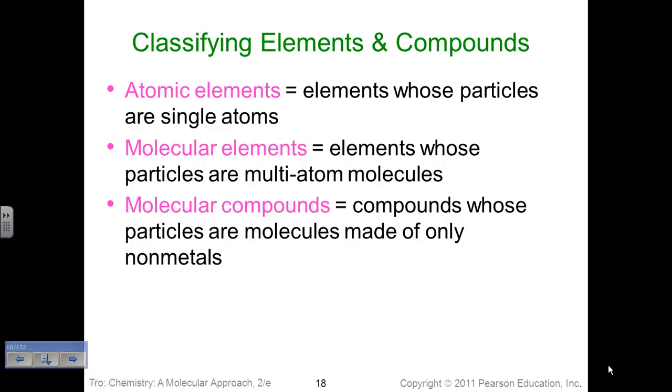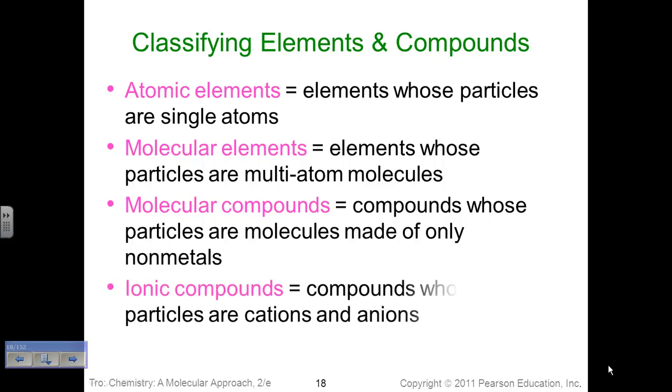So elements, the simplest form of all matter, exist either in atomic or molecular form. Or compounds, coming in 2 styles as well, molecular compounds and ionic compounds. Molecular compounds are those whose particles are called molecules, composed only of non-metals, the non-metals covalently bonded together.